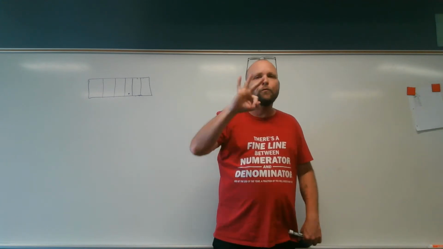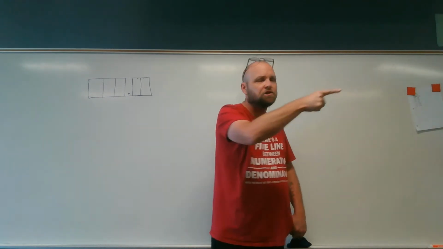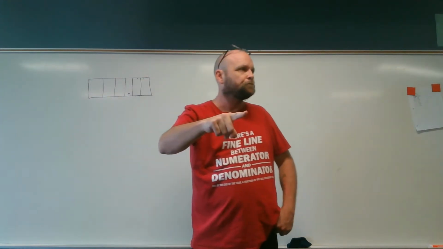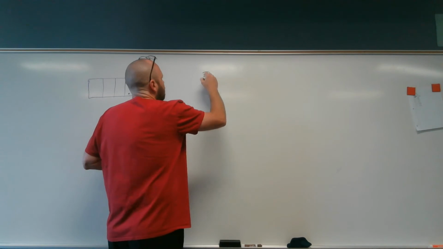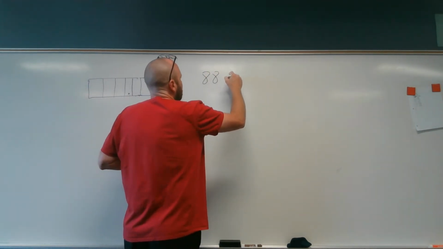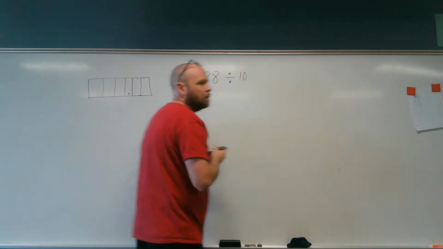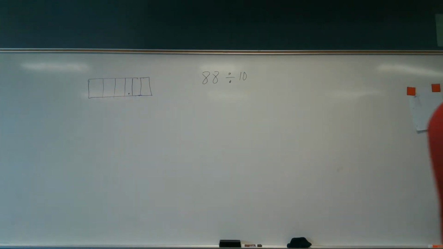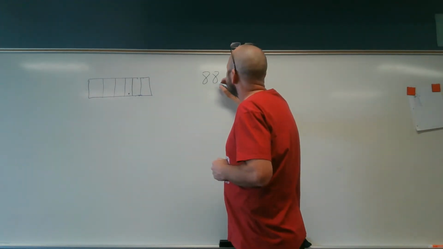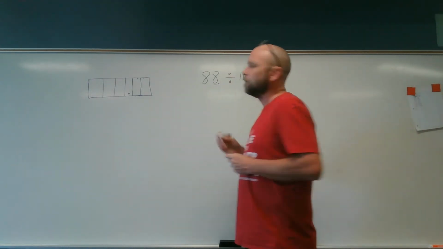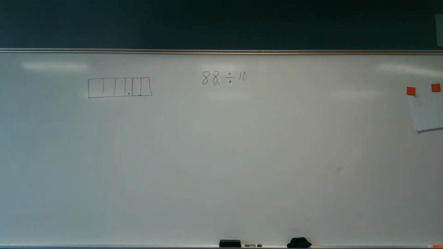So I'm going to do 3 problems showing division by powers of 10. Okay? So, Bryce, I have 88 divided by 10. Bryce, what is in the ones place? The 8. Right here is the ones place. So this decimal point goes directly behind it.